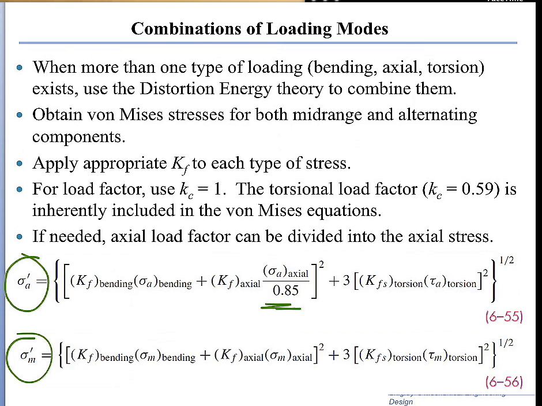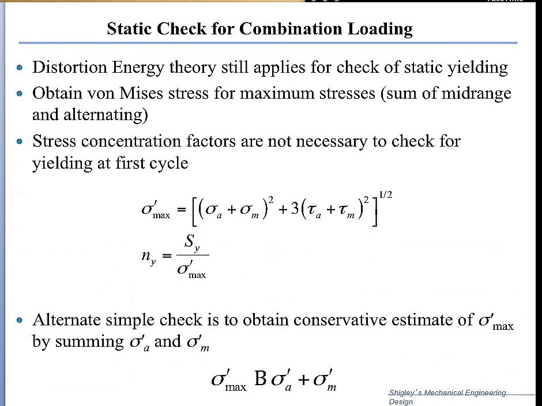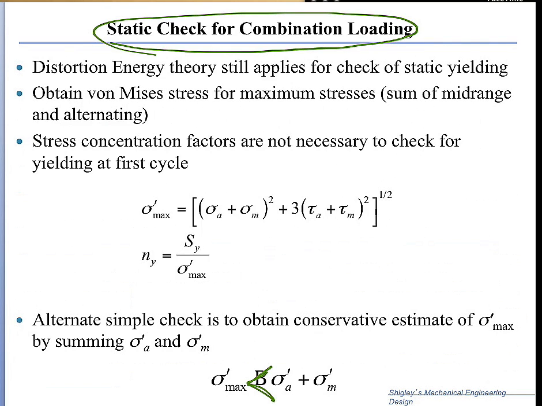So now, for the fatigue strength, we would utilize both components, the alternating and the mean. We would use the von Mises stress. And as we have learned, we also need to check for yielding of the combined loading from the first cycle. We could do that simply by saying sigma prime max is less than the sum of the alternating and the mean stress. So this is one way to do it very quickly.